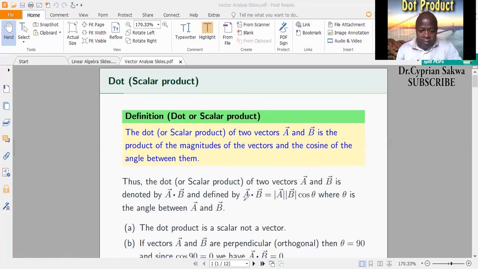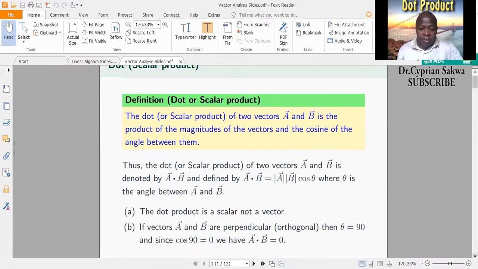So this is the definition of the dot product between A and B, and theta is the angle between them. So again, as I've already stated, the dot product is a scalar quantity and not a vector quantity.